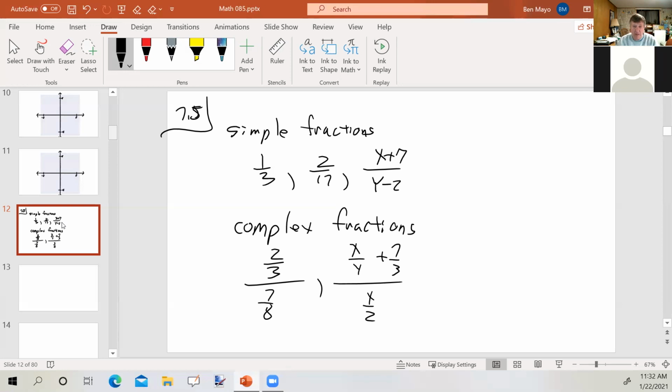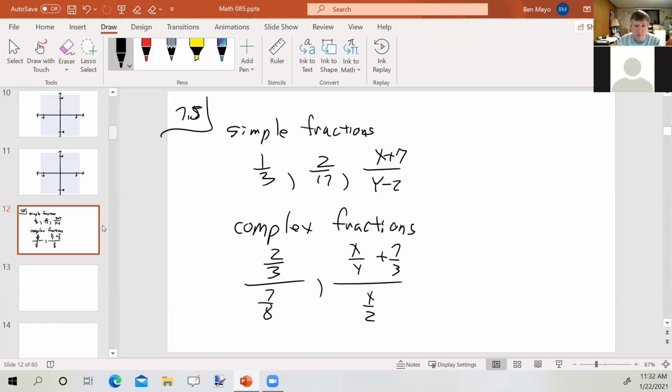There might be a fraction within the numerator of the bigger fraction, or the denominator, or both perhaps. The goal is to take a complex fraction and convert it into a simple fraction, and then go from there if we could do anything else with it. But the main thing we're going to focus on is converting complex fractions into simple fractions.